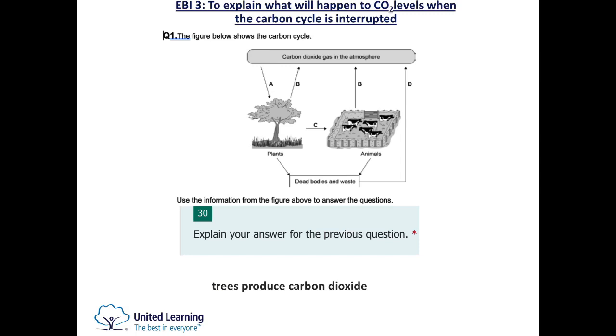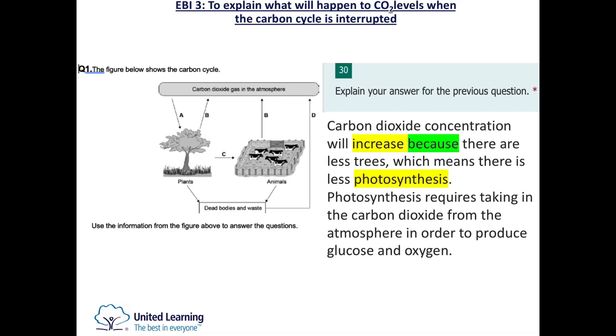Yes, it does produce carbon dioxide through respiration, as you can see here with process B. Plants also respire. However, that does not really answer the question of carbon dioxide being increased in the atmosphere, because if you cut down the trees, it's more to do with the photosynthesis.